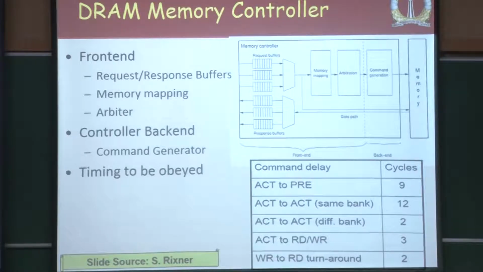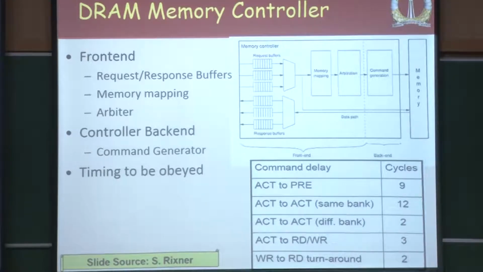And then there are certain timing constraints that you have to obey, because once you do an activate, only after 10 cycles the data will be available in the row buffer. Then you can give a read access. Similarly, when you go from one bank to another bank, there is a certain amount of time delay that you have to give. So, there are various timing constraints that are associated with the DRAM.